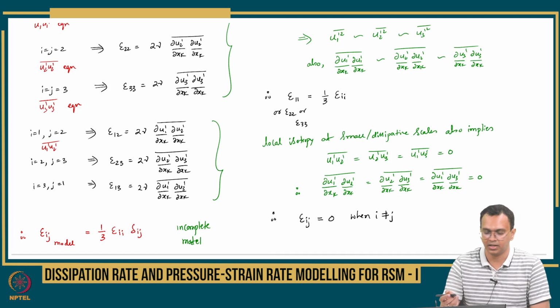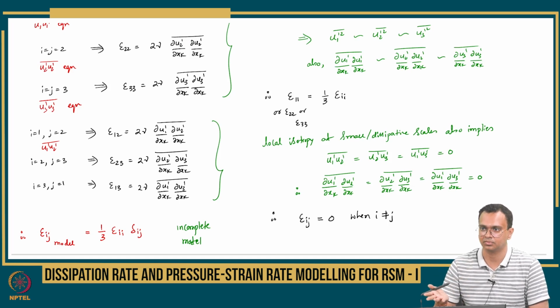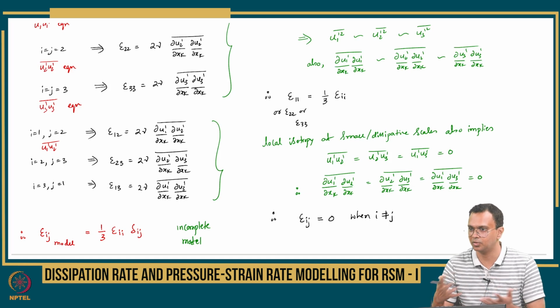Dou u1 prime by dou xk, it's actually a sum of three components. We don't have access to the correlation term. So we need to model this further. The whole idea of modeling is relating unknowns to what is accessible to you. There are far too many unknowns and you have some known quantities, so you try to relate these unknowns to the known and make some arguments.